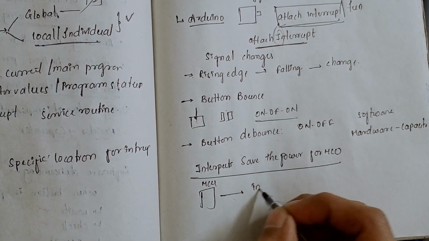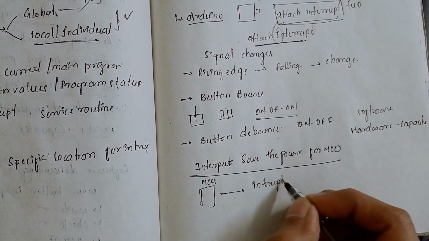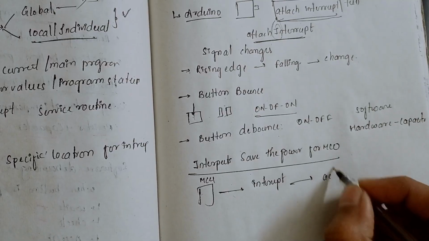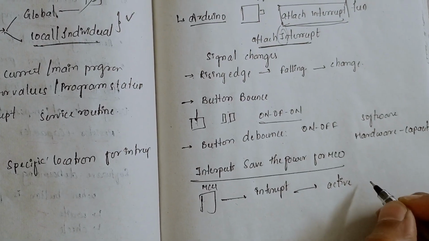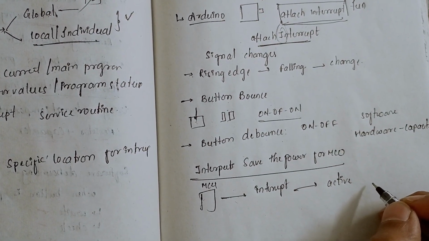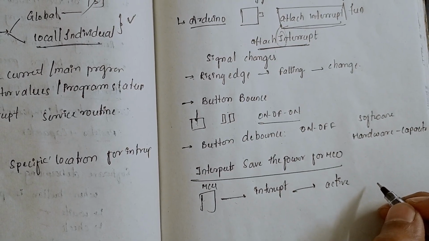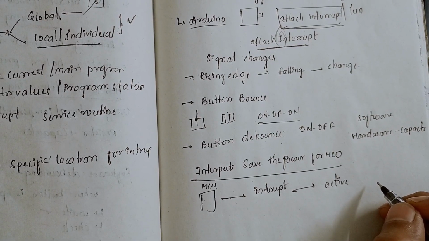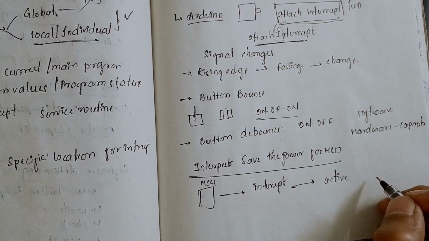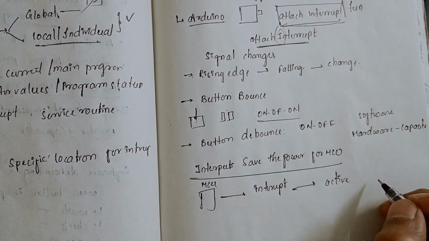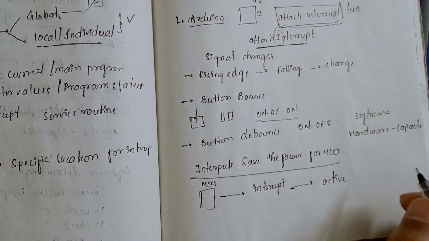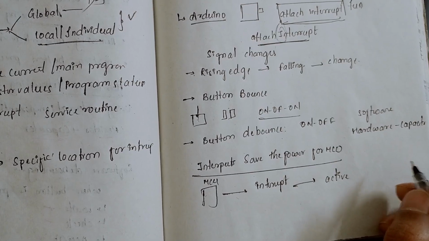When an interrupt is triggered, the system becomes active and works on the particular interrupt flag, which saves the battery and improves the efficiency of the microcontroller. This is very important for battery-optimized devices like wearables or IoT sensors.